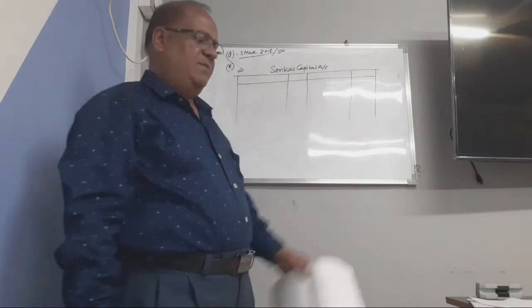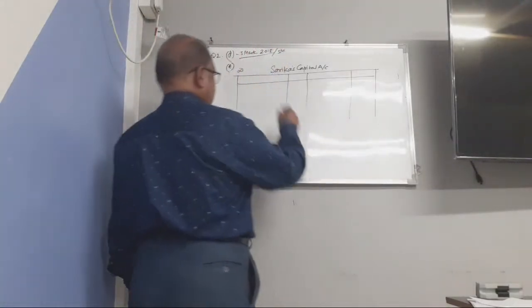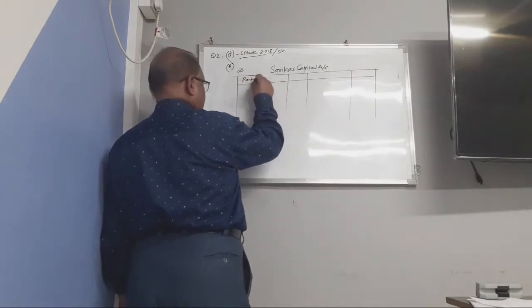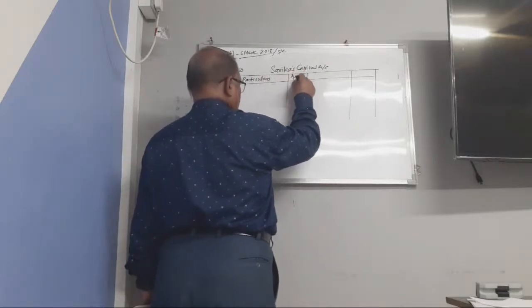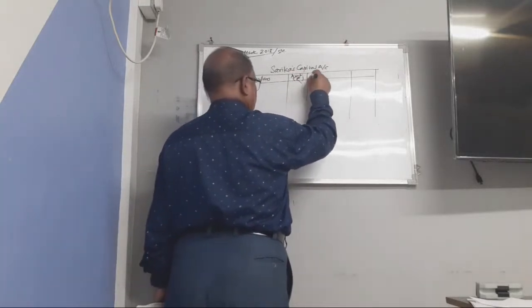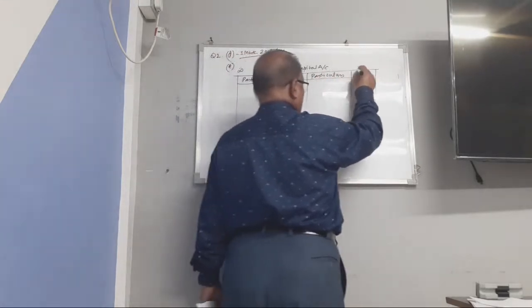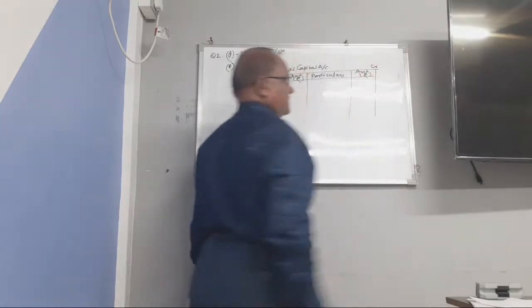It asks for 5 marks, and the information is also given to us. Now let's see. Write here particulars on the debit side, and the amount in rupees on that side. And here again particulars on the credit side, and the amount on the credit side, like this, credit balance.